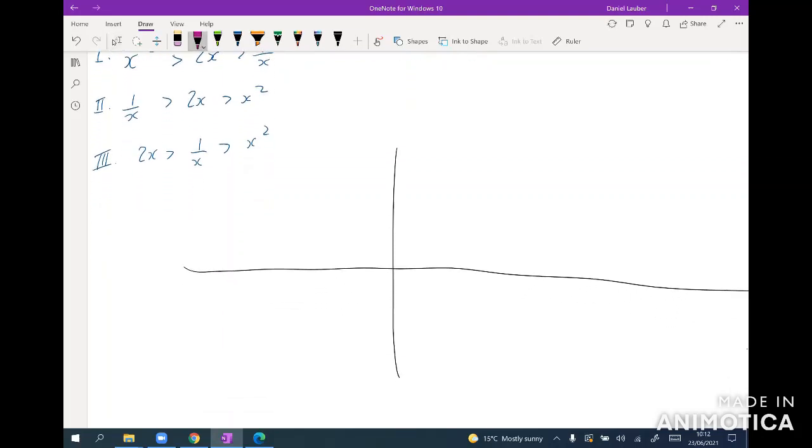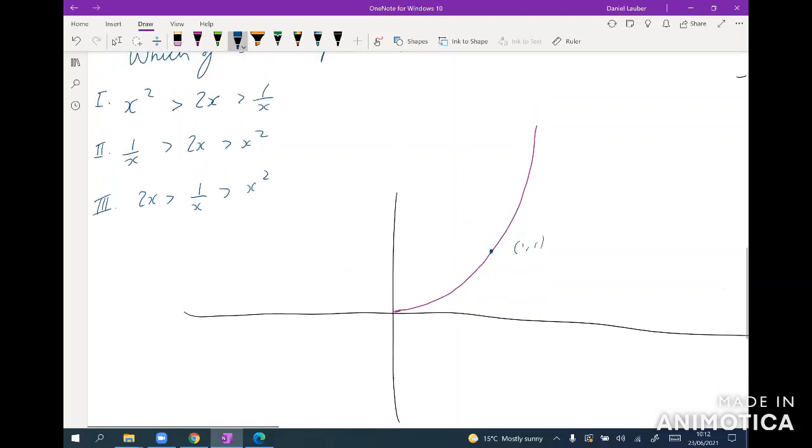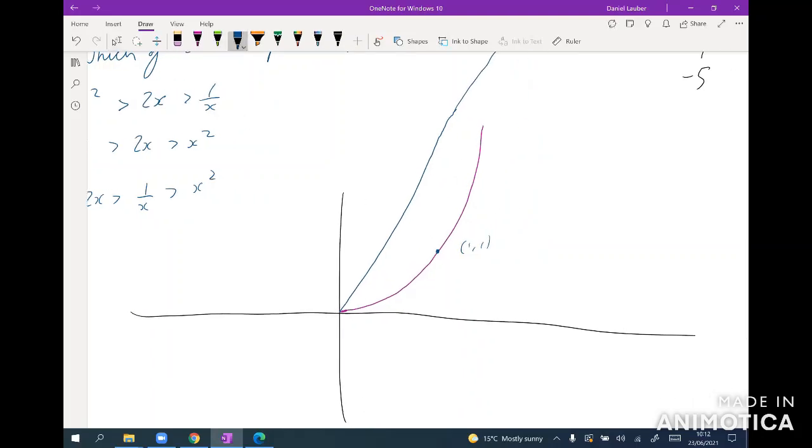So let's sketch the graph of x squared. So we can say that it definitely does something like that. And again, we know it goes through the point, and this is quite important, 1, 1. Okay, 2x, what does it do? Well, it's just a straight line up. We know it goes through the point 1, 2.